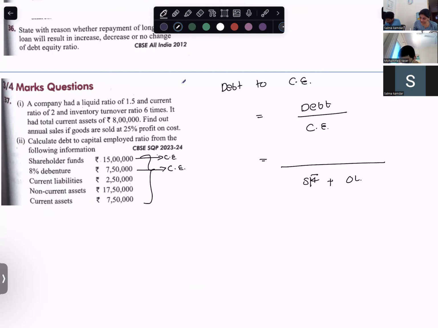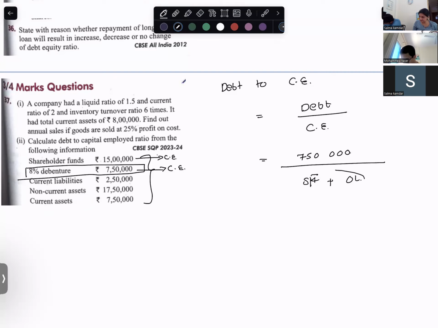What is debt? Debt is long-term borrowings plus long-term provisions. I have only 7,50,000 as my debt.